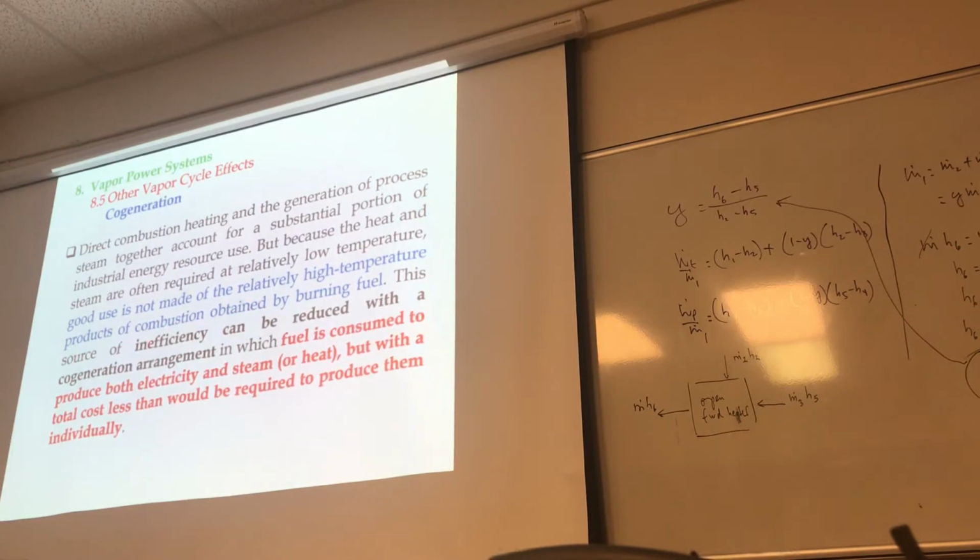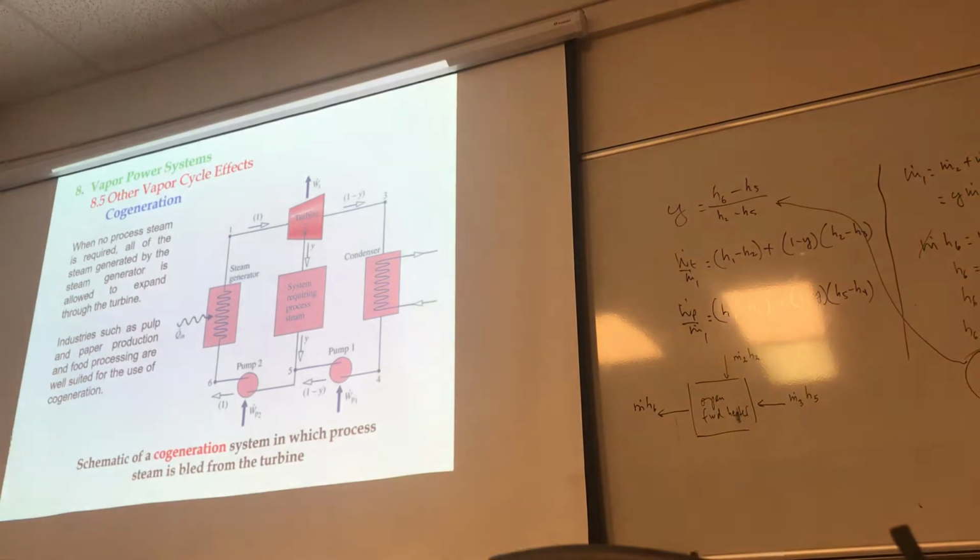Because what happens with all those products, you're just throwing them outside, right? This source of inefficiency can be reduced with a cogeneration arrangement in which fuel is consumed to produce both electricity and steam, but with a total cost less than that required to produce them individually.